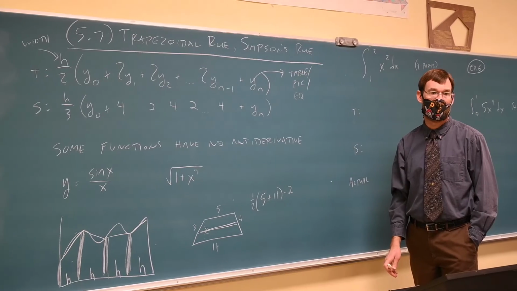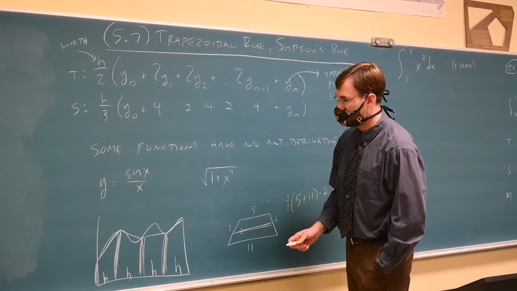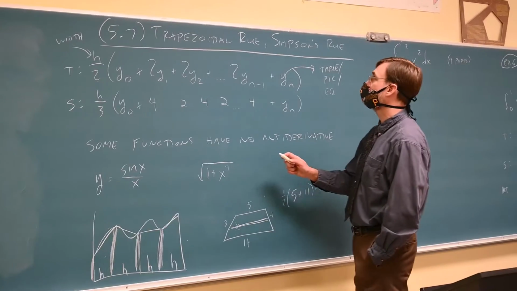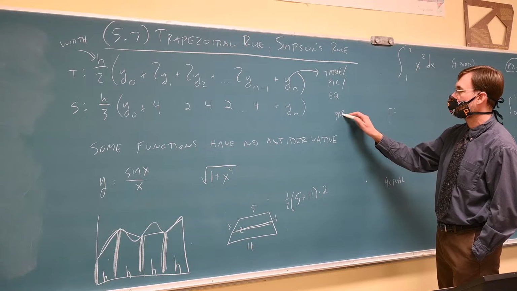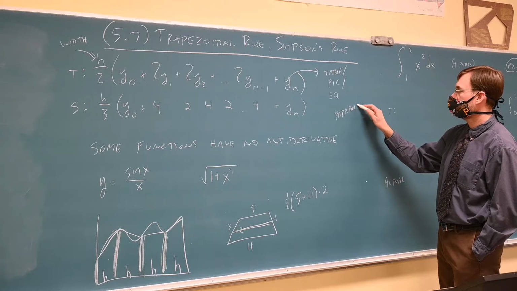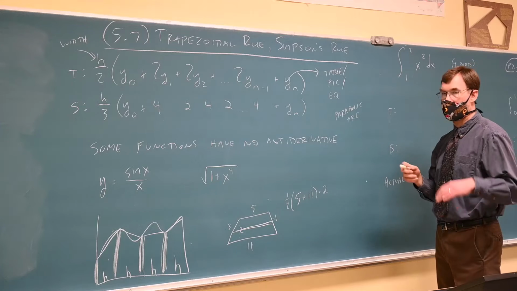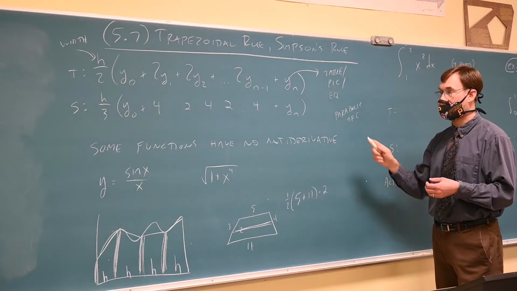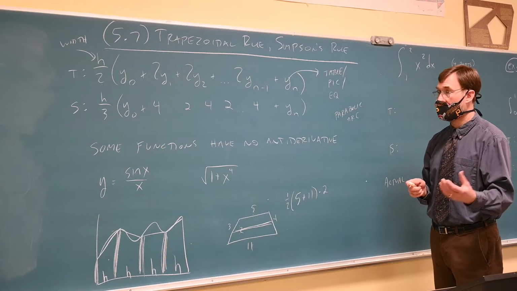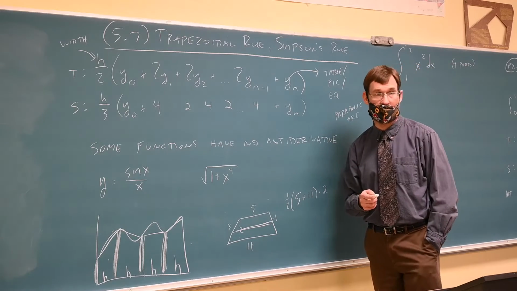Question about that? Okay, Simpson's rule, I can't explain to you the geometry of Simpson's rule other than Simpson's rule uses a thing called parabolic arcs. I'm familiar with the idea of arcs. Arcs are like parts of circles. I'm familiar with parabolas, those are U-shapes, but I'm not familiar with how to do the area of parabolas and arcs.